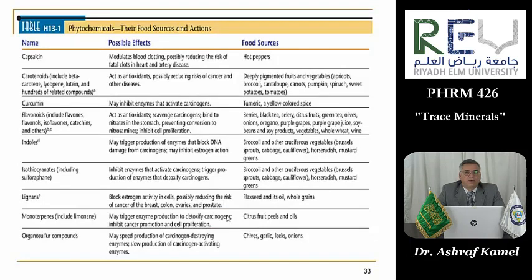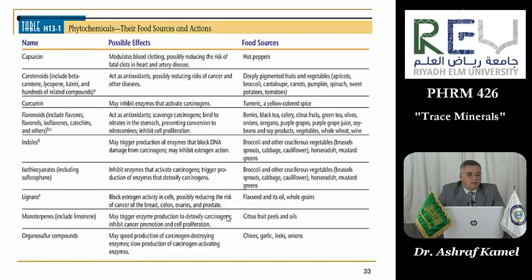Phytochemicals. Phytochemicals are plant chemicals which have a lot of health benefits to our bodies. They are not vitamins, but they are chemicals of plant sources. Just take examples from this table.